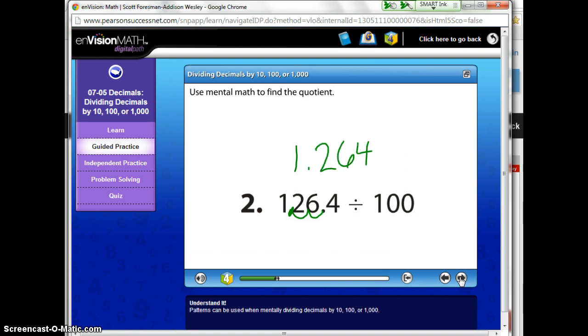Dathan, how many zeros? 2. Which direction? Left. 1, 2. Who can read me that number? Eileen? 1. Nope. No, 1, 6. What do we say? Point. Nope. When we're reading it in word form, we don't say point. What do we say, Erin? 1 and 26.